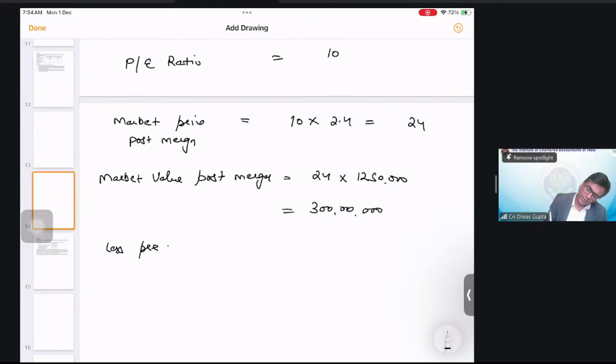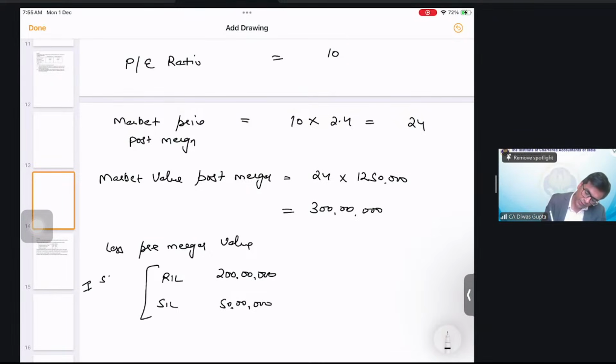Less pre-merger value of both RIL, SIL. This we have computed in the first step, right? RIL was how much? 2 crores. And here it was 50 lakhs. So this is from the first step, right?